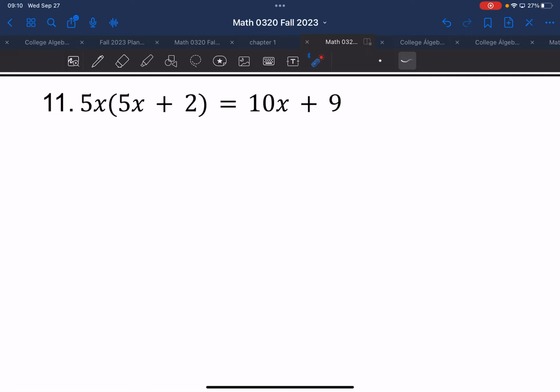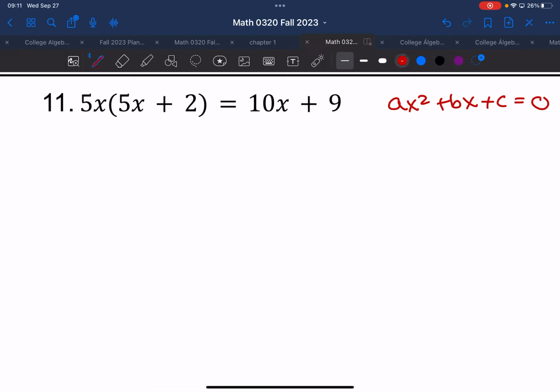Okay, so in number 11, this definitely does not look like standard form whatsoever. So our first step is to get this into standard form. So what would we do first in order to get this to look like the ax squared plus bx plus c equals 0? Good.